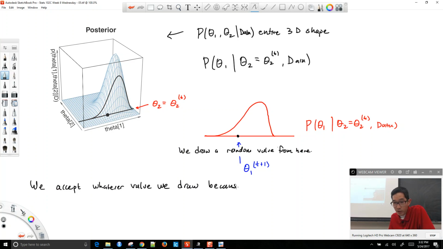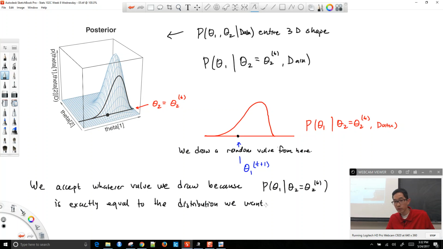because this conditional distribution is exactly equal to the posterior distribution. Exactly equal to the distribution we want, just conditioned.